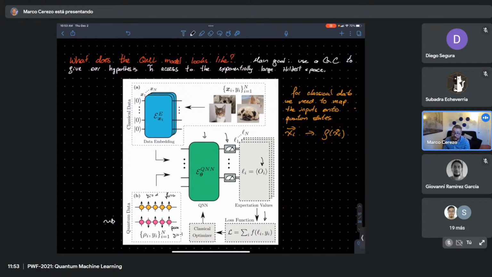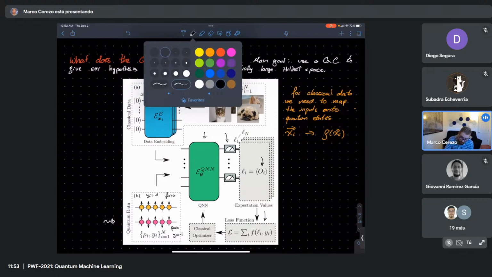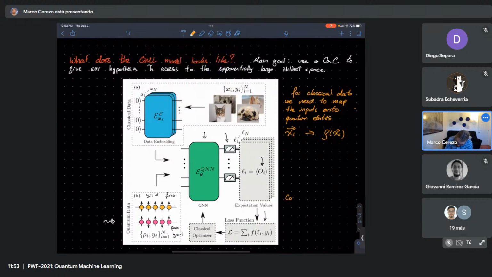Note that I'm using the term loss function, so I'm going to start making a differentiation. Cost function is used for VQA, where we have no training data, and I'm going to use loss function for QML whenever we have classical data.